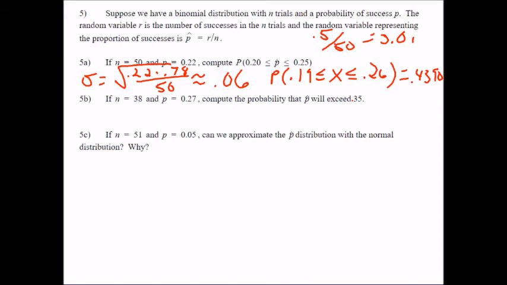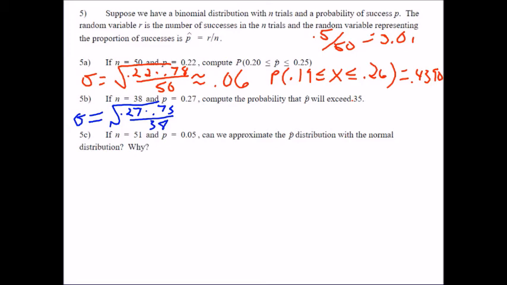All right, so our standard deviation is the square root of 0.27 times 0.73 out of 38. And the 0.73 I got, again, from doing 1 minus 0.27.